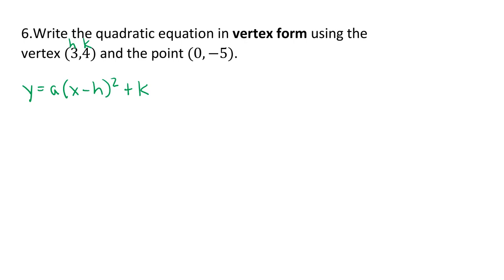So I'm going to plug those into my form. y equals a, x minus 3 squared plus 4. Now that I've plugged that in, I need to solve for a. So I'm going to replace the x and the y with the other point that is given. So my y is -5 and my x is 0.